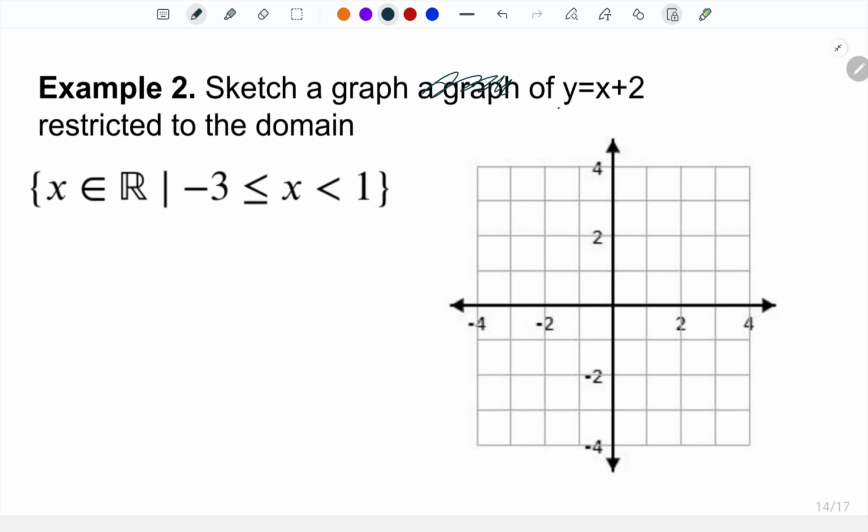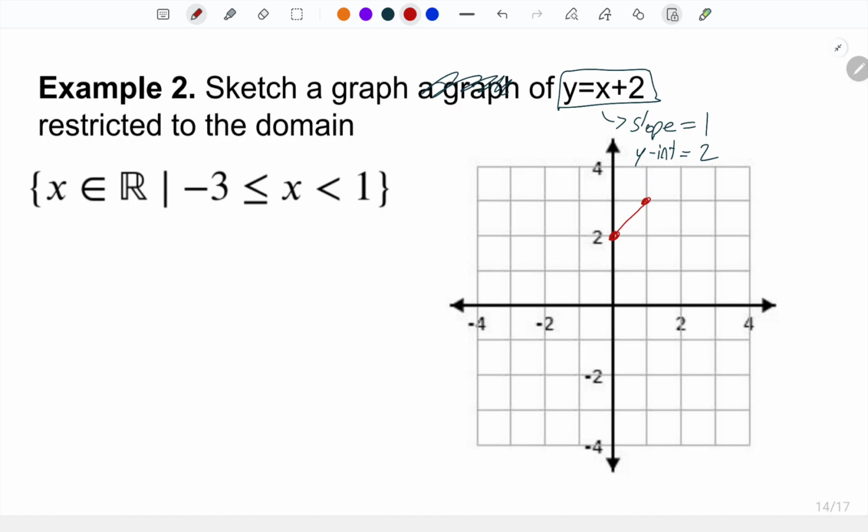So, well, how do we draw y equals x plus 2? It's just a line. Slope is 1 and y-intercept is 2. So if that's the case, we can draw our y-intercept there. Slope of 1 just means across and up by 1. So like that. And I'll draw that like that.